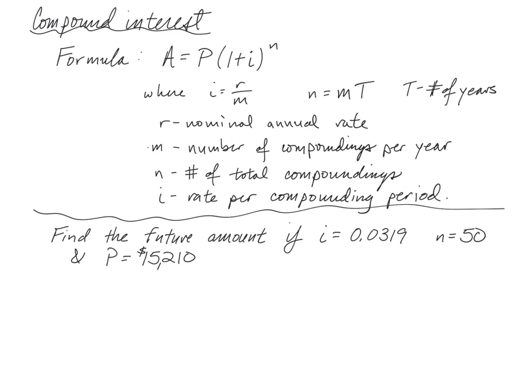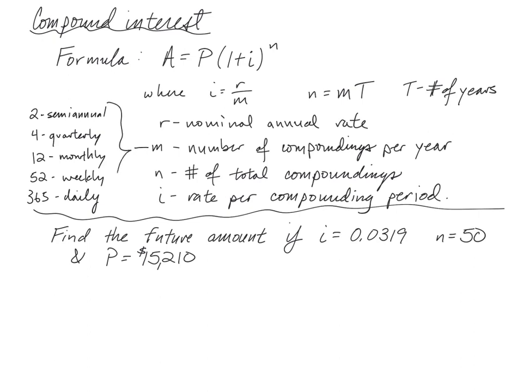Very quickly, the number of compoundings per year can be any of these numbers, and I wanted to have a complete list. The number of compoundings per year being 2 is semi-annual. I have not covered that one yet, but semi-annual makes pretty good sense, since it would only happen twice a year.